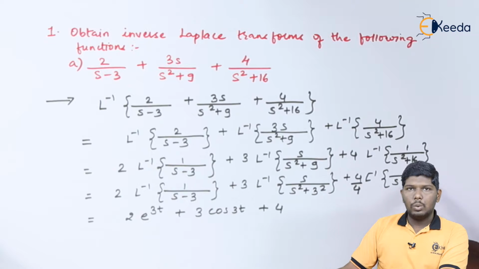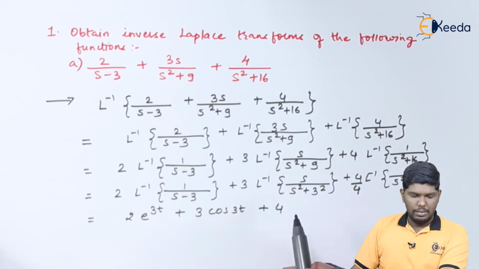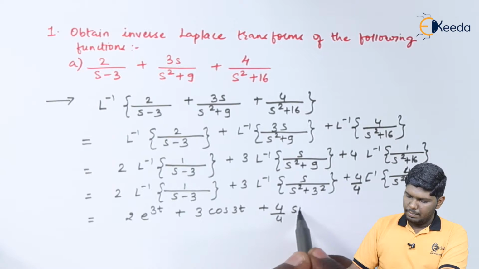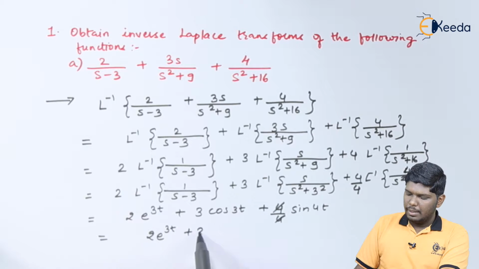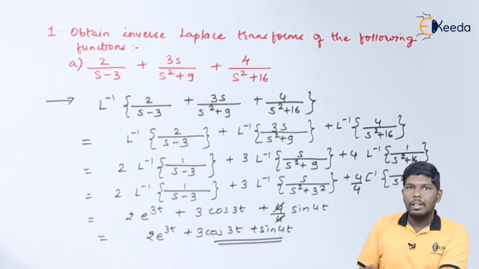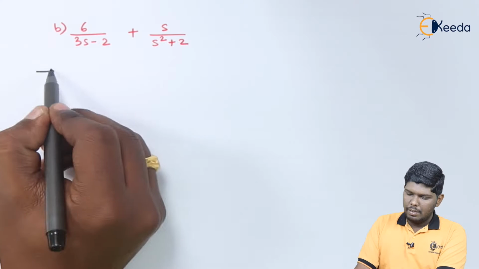So 4 upon s square plus 4 square will give you sine of 4t. Here 4 will be cancelled, and the final answer will be 2 e raised to 3t plus 3 cos 3t plus sine 4t.